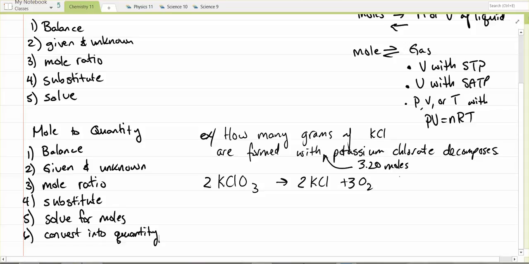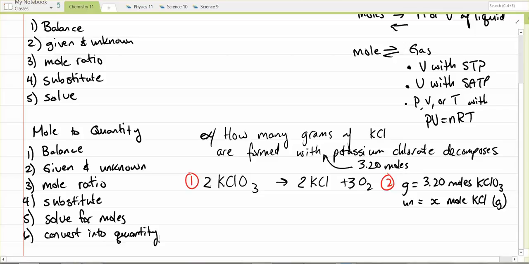So our given, that would be step 1, step 2. Our given here will be 3.20 moles of KClO3, and our unknown will be X moles of KCl, but eventually we're going to look for grams.